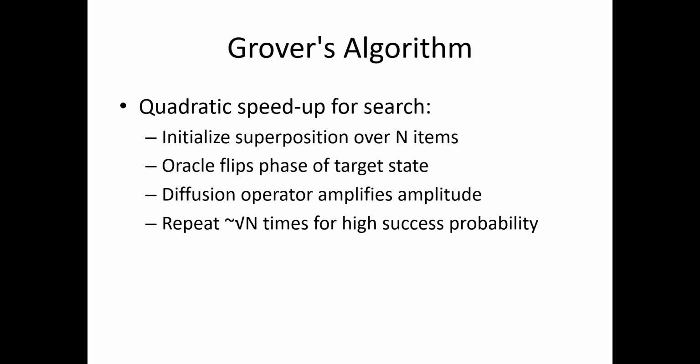It works by initializing an equal superposition over all n items, then using an oracle to flip the phase of the target state and the diffusion operator to amplify the amplitude of that marked state. This process is repeated about root n times, and this is the algorithm my project will demonstrate.